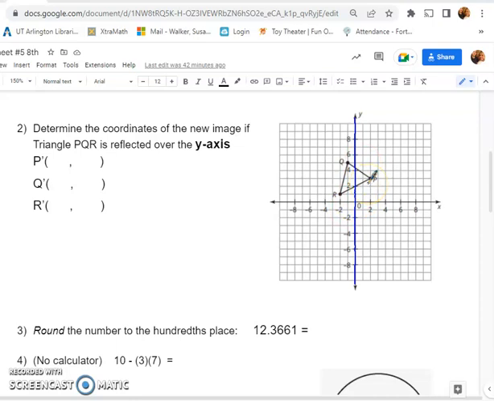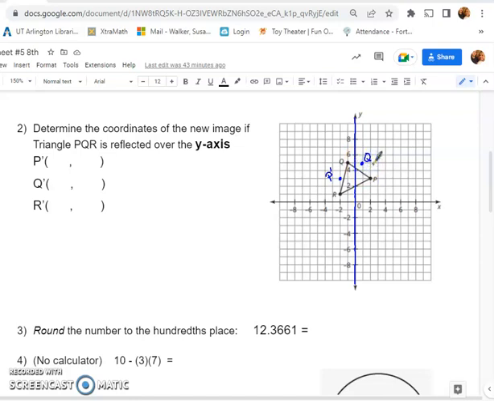We can figure them out. So I'm going to reflect it over the y. Do you remember that means that I counted to the mirror and over? So 1, 2, 1, 2. That is my new P, right? Q would be 1 and then 1.